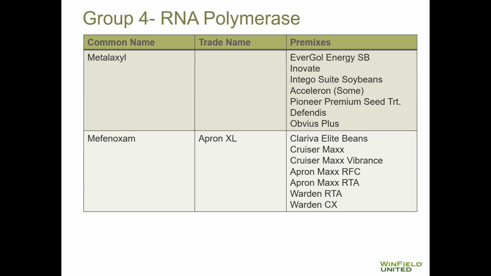Okay, so we have metalaxyl and mefenoxam. Now, these look like two separate products, but really mefenoxam and metalaxyl have the exact same active ingredient. The difference is that mefenoxam is a more refined version of metalaxyl.